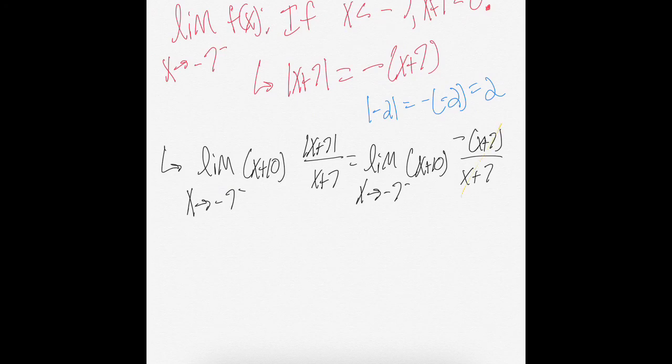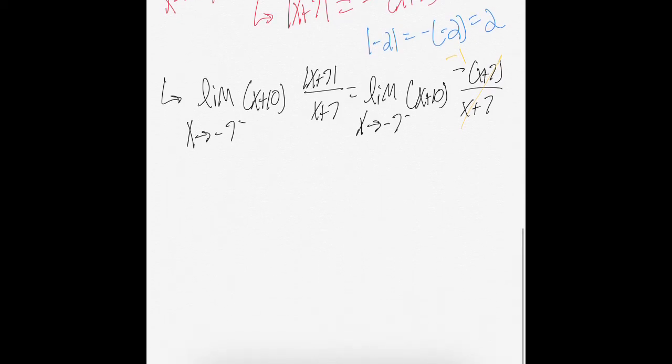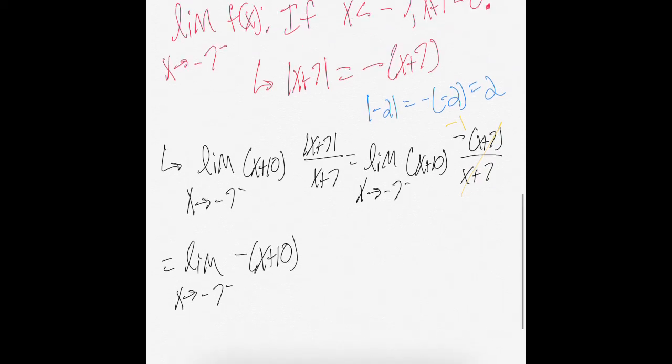So before, we could cancel this fraction out as a 1, but now we have to cancel it out as a -1. And doing that gives us limit x approaches -7 from the left of now negative x plus 10.